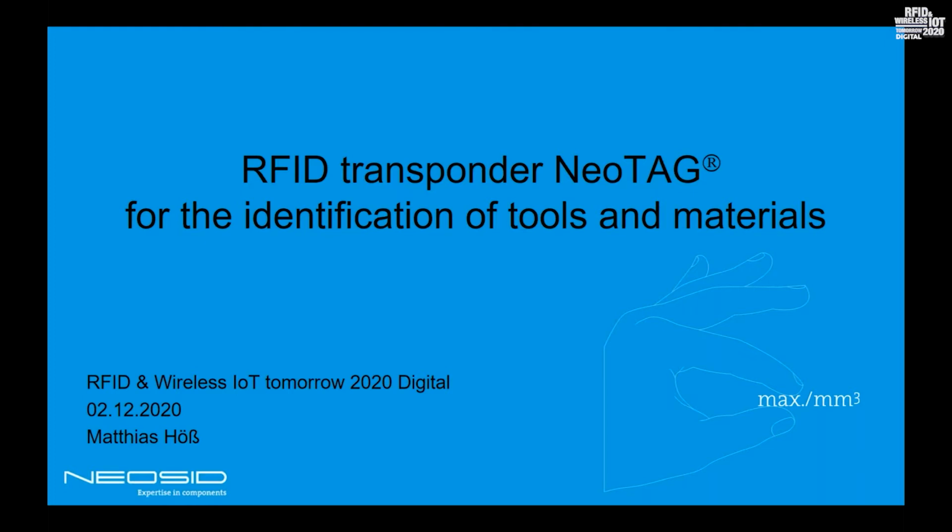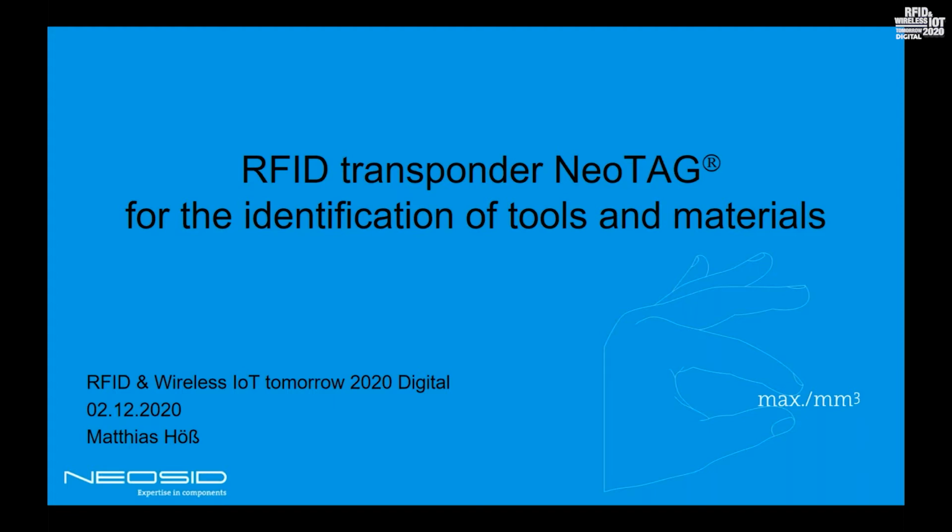My name is Matthias Höß. I'm responsible for electronic part development at Neosid and for project management, and together with about 85 specialists, I sit here in Halver, nearly in the middle of Germany, and we produce electronic parts for different technology fields.